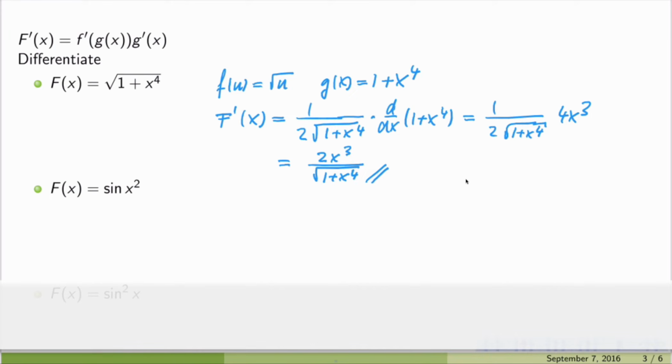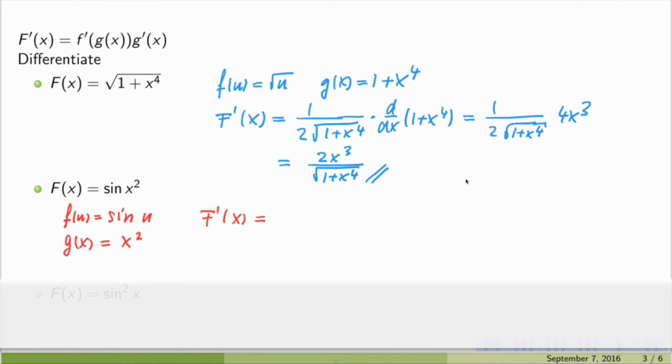Let's do another example, which is f of x equals sine of x squared. Here the outside function f of u would be the sine function, and the inner function g of x equals x squared. Then we can do the chain rule again. F prime of x is the derivative of the outer function.